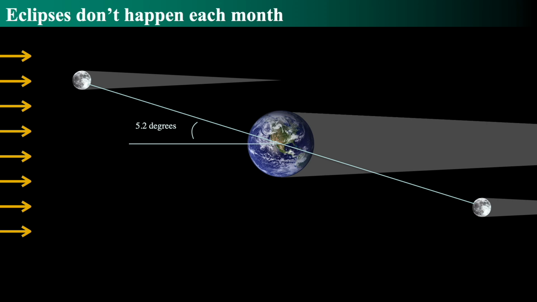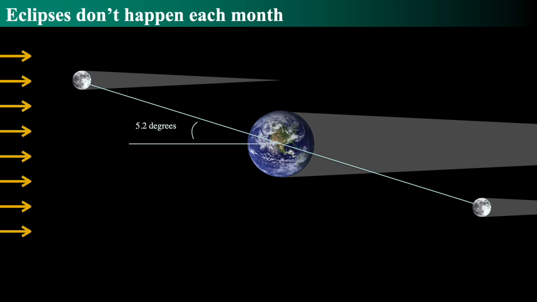The reason eclipses don't happen every month is that the orbital plane of the moon's orbit with respect to the Earth's orbit around the sun is tilted by about 5.2 degrees. That means the shadow of the moon does not always cross the Earth's face at new moon.